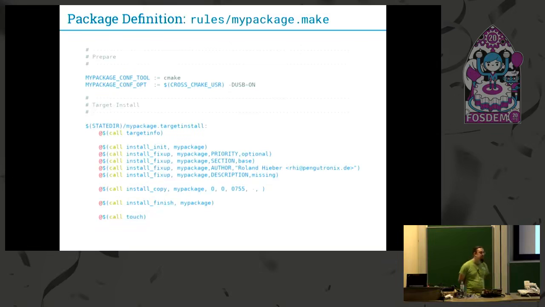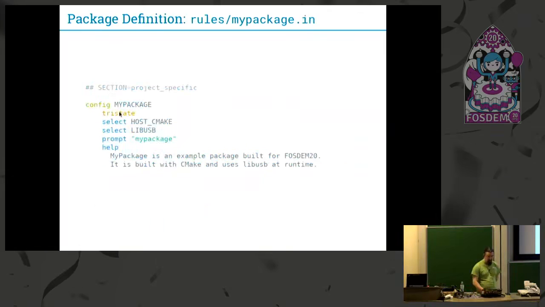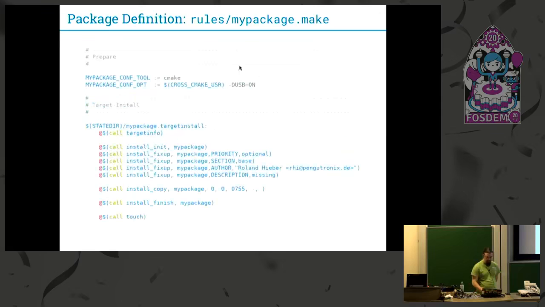You can add another kconfig symbol, which is dependent on the top symbol. So you basically extend this symbol by another sub symbol, and you can switch it on and off, and then you can use a macro here, which just looks if this kconfig symbol is switched on or off.